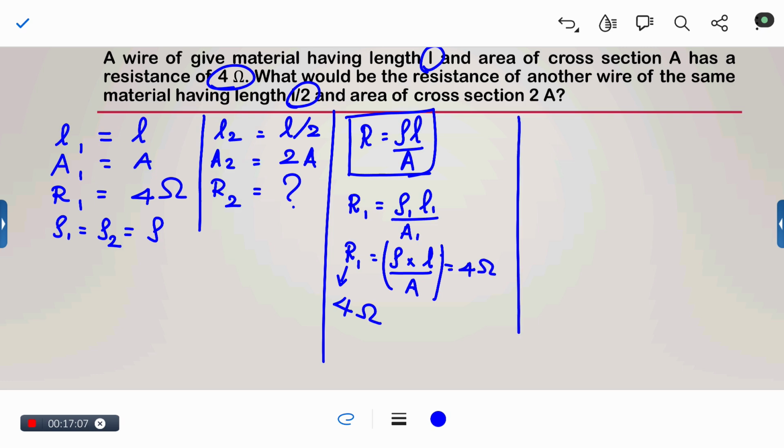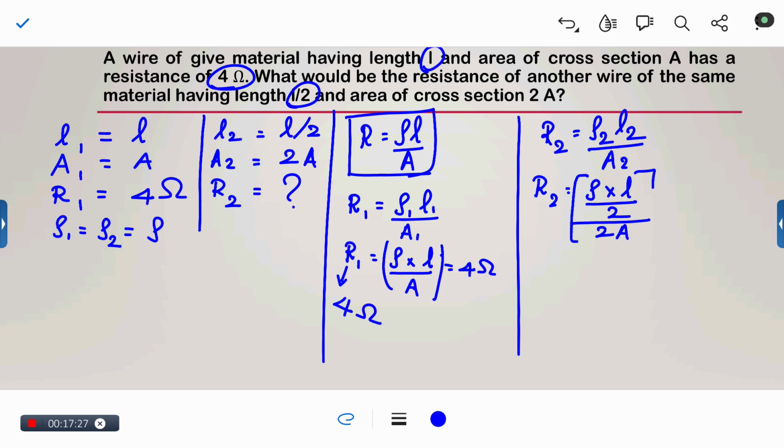Now we'll write for the second wire. R2 is equal to rho 2 L2 by A2. So R2 is equal to rho, L2 is L by 2, A2 is 2A. This is in the form of a complex fraction. Rearrange into our normal form: rho L by 2 into 1 by 2A, so rho L by 4A.